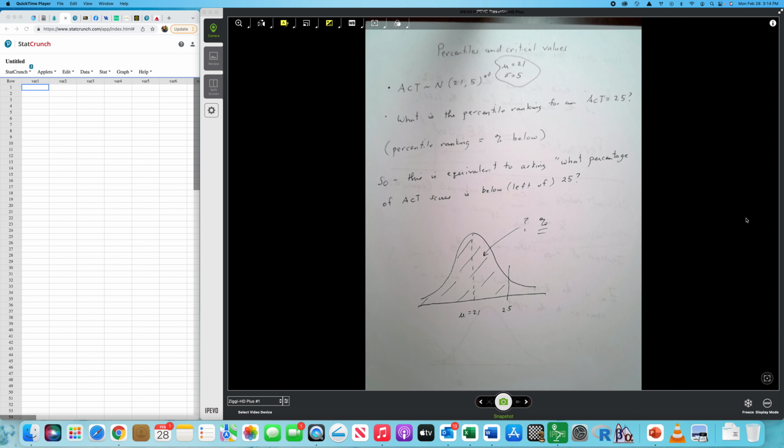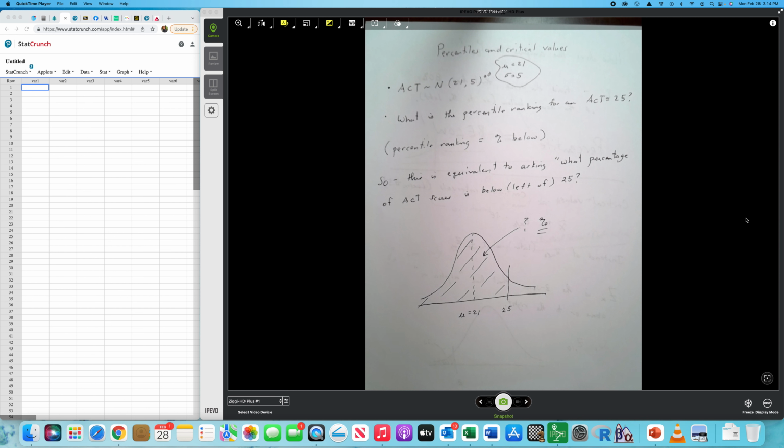This is one of those things you just have to remember, tattoo it to the brain, as I like to say. On your first exam, your midterm exam and your final exam, you're going to get to use a sheet of notes, a cheat sheet. This will definitely be something you'll want to put on your cheat sheet. So what needs to go in your notes?